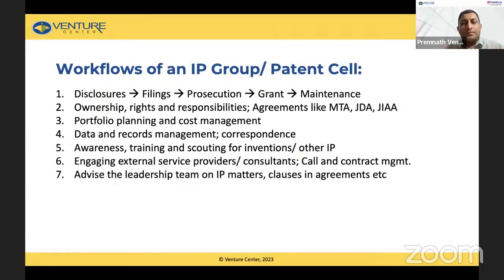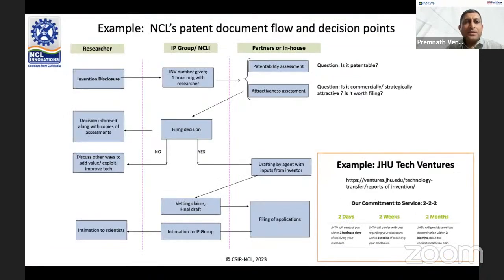So of this, let me just show you a slide workflow diagram of, say, only the first part, which is disclosure to filings, just to illustrate why I'm calling it workflows and why it needs to be systematic sometimes, right? So here is, say, for example, NCL's patent workflow and some decision points, right? So there's an inventor on the left who is, say, submitting an invention disclosure.